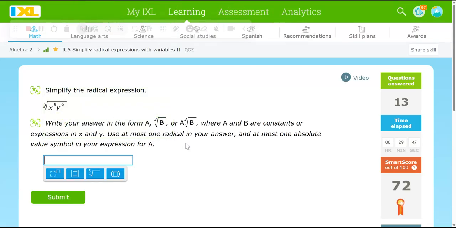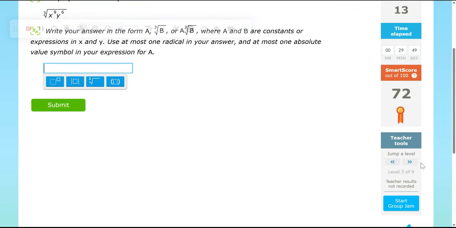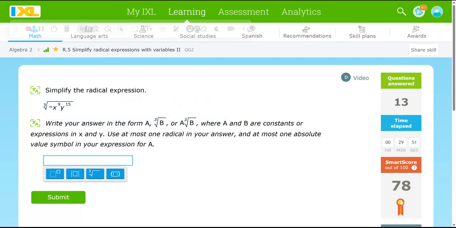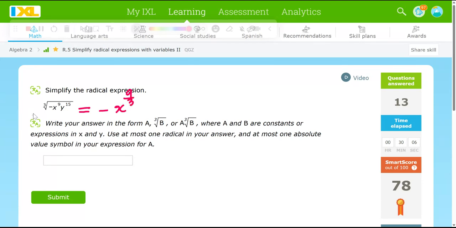Okay, so I can go to the next level, a little higher. Level 6, here we go. It's not a big deal. This is odd root, so I can move the negative sign outside. No absolute value sign. Okay, x to the 9, now I divide by 3 because this is third root. y to the 15 divided by 3.